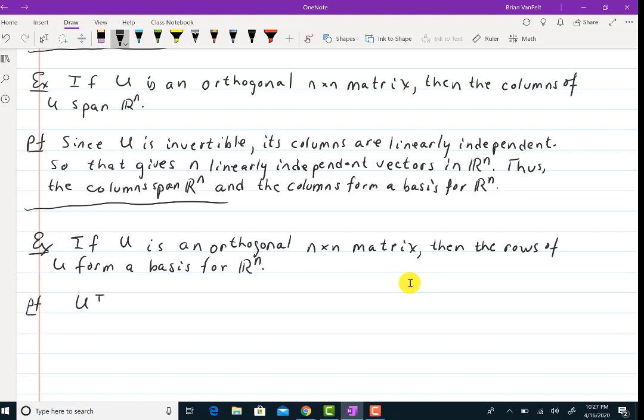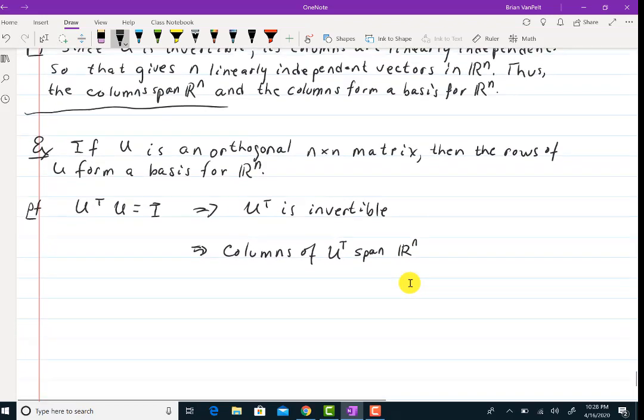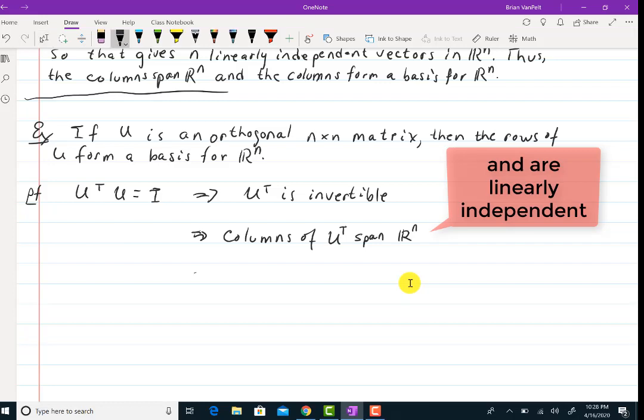U transpose times U equals the identity implies that U transpose is invertible. So that means that the columns of U transpose span Rn, which implies that the rows of U span Rn.